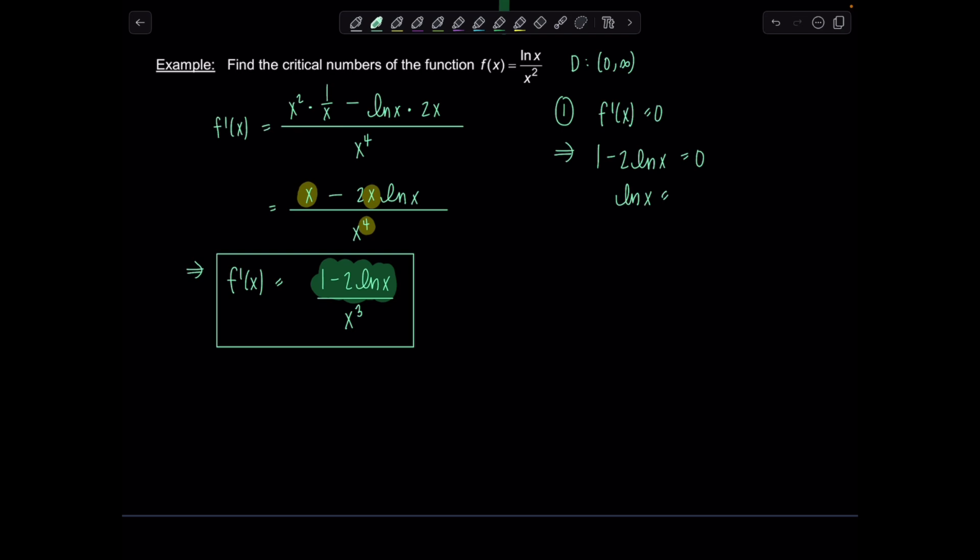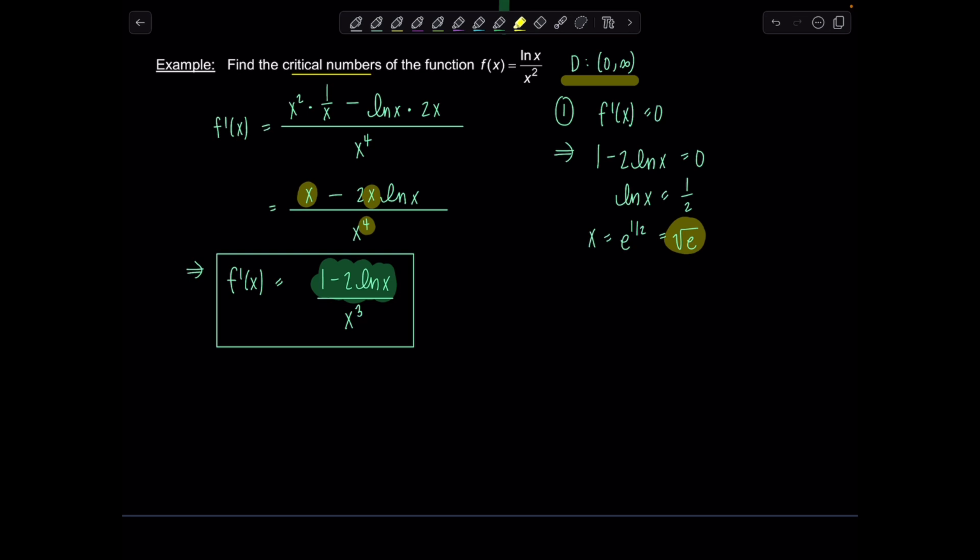Then just rewrite this in exponential form, or take e and raise it to both sides. So x equals e to the 1/2, which is square root of e. The problem just asked for critical numbers, so here's one. Is it in the domain? Yeah, square root of e is between 0 and infinity, so we're good.